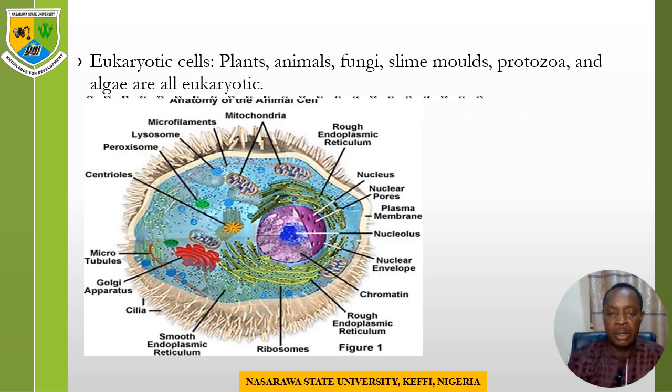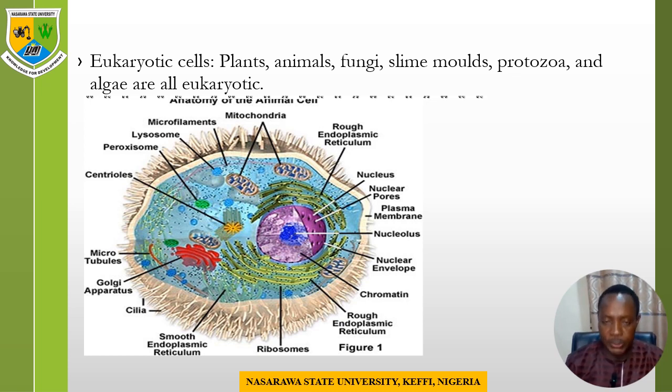Now, let's compare it with what we have in eukaryotic cells, like in plants, animals, fungi, slime molds, protozoa, and algae. All these are good examples of eukaryotic animals. Now you have the rough endoplasmic reticulum, the nucleus, which is of course not found in prokaryotic.